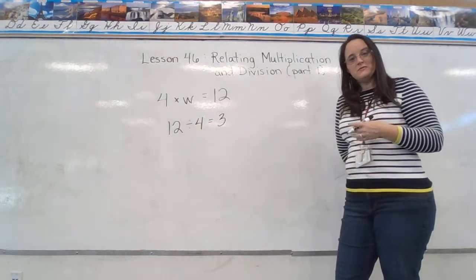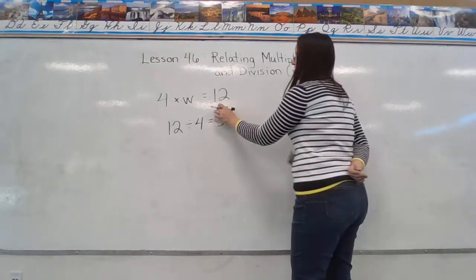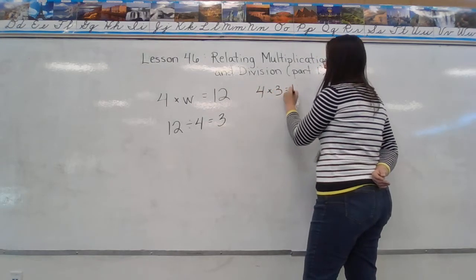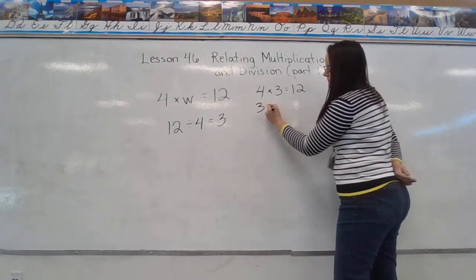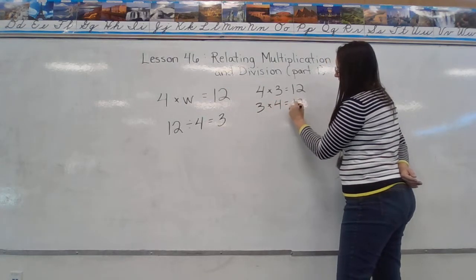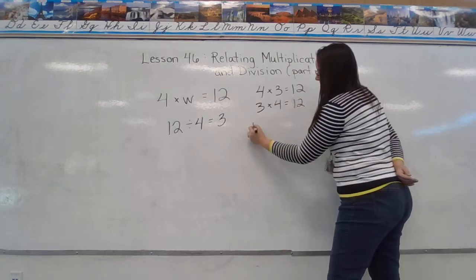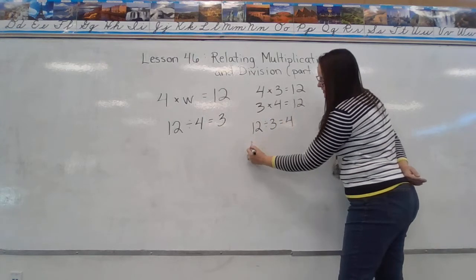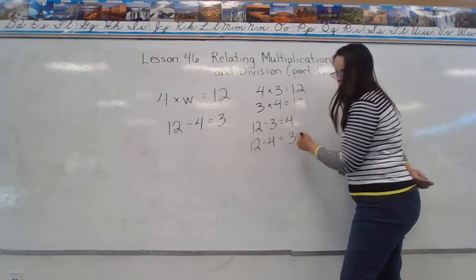Multiplication and division problems have their own set of fact families, just like addition and subtraction. For this example, we would have 4 times 3 equals 12. We'd flip them and have 3 times 4 equals 12. Then we can take our big number and say 12 divided by 3 equals 4, and 12 divided by 4 equals 3.